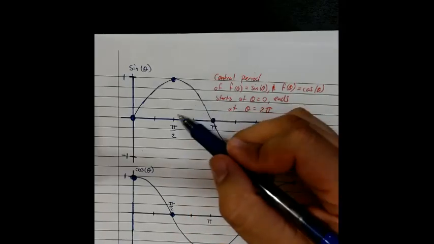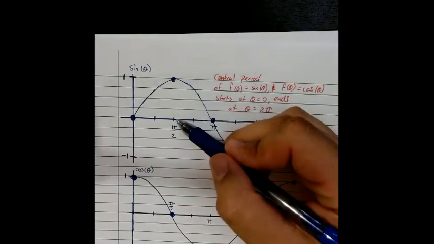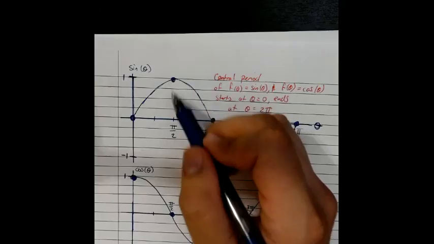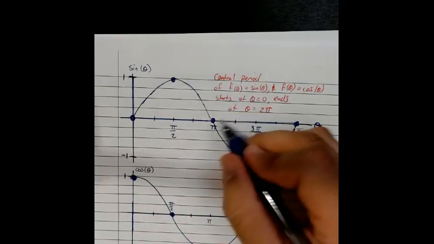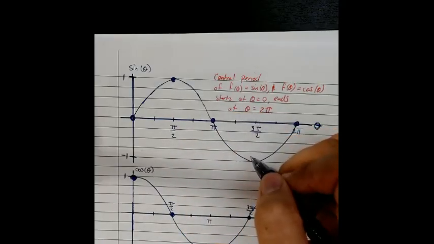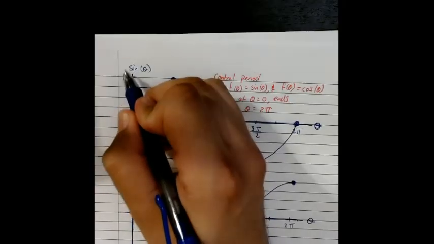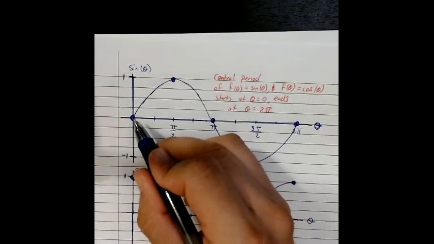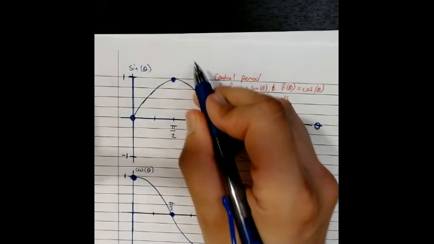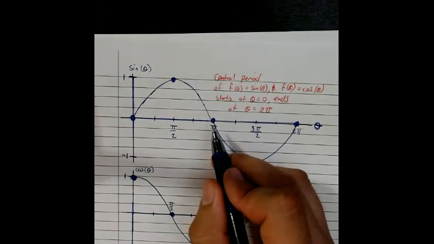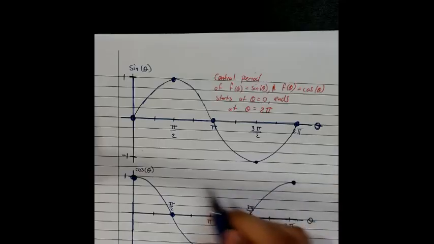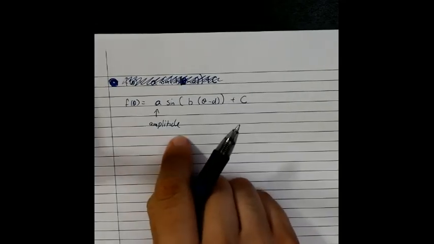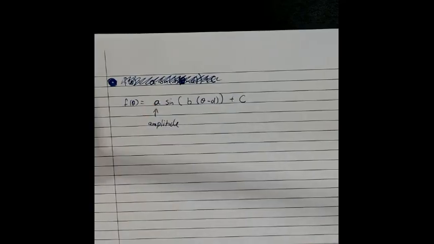Here, from the axis to the maximum, it's one step. Likewise, from the axis to the minimum, it's one step. You can think of this as being 1 sine of theta. If you change that amplitude, it'll change how far up the maximum is, and at the same time, how far down the minimum is. We'll see examples of that in just a moment. But for now, this is called the amplitude.